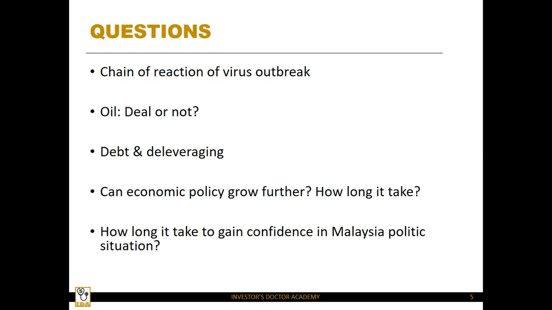If you do some research on Google, you can know that national debt and private debt are really at a high level, especially with the virus case. Now this is a catalyst to further increase the debt.